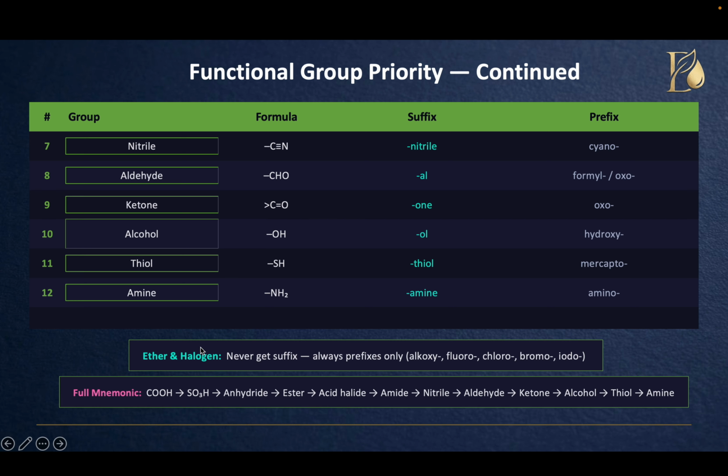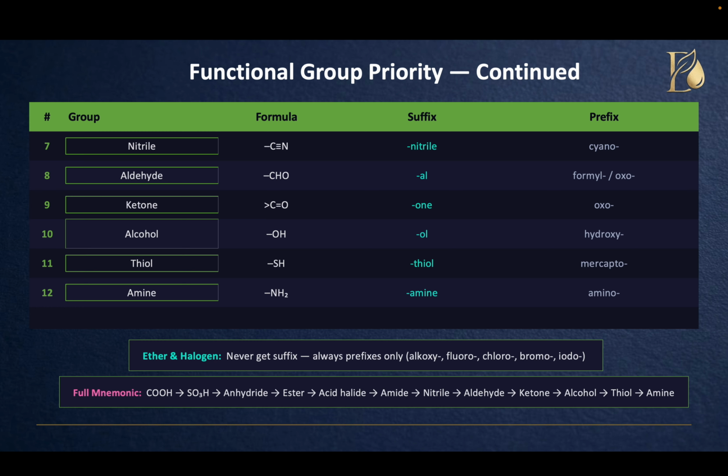And there are some other functional groups like ethers and halogens. For ethers, it never gets suffix, always prefix only. One thing that you have to note down is that ether and halogen never get suffix. They are always used as prefixes.